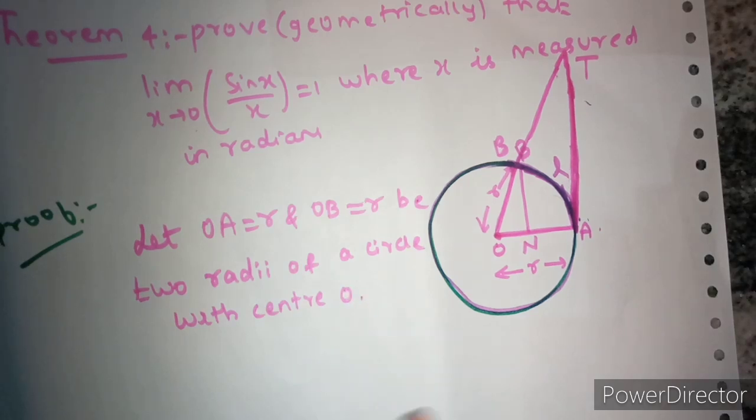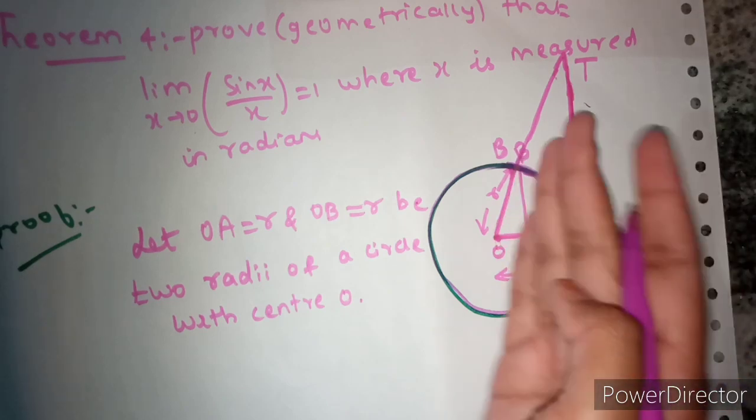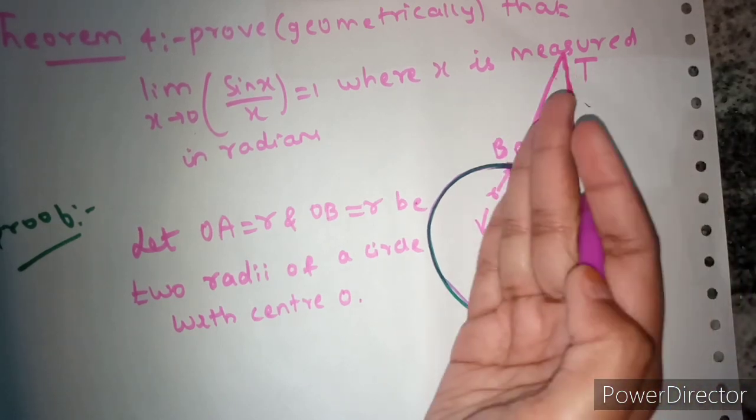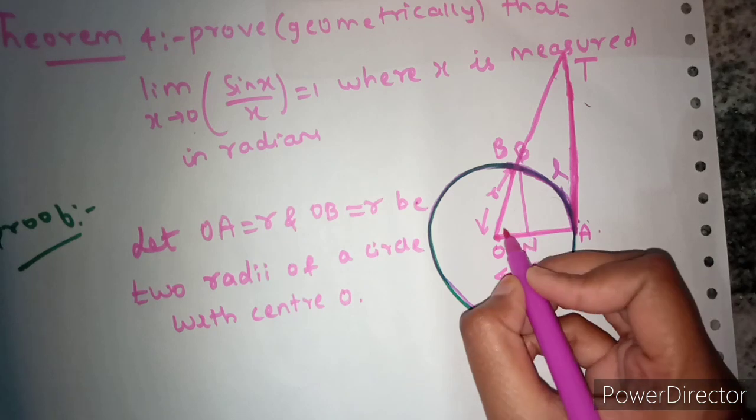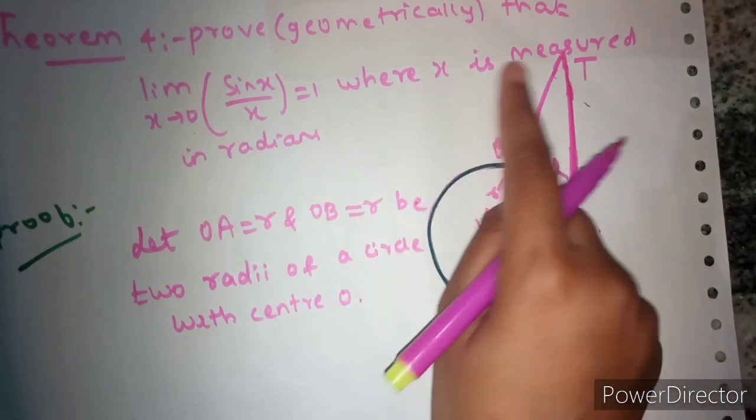One more thing: observe the lines OA and OB. They make some angle, so I am taking this angle as x. In the statement they have given that x is measured in radians.